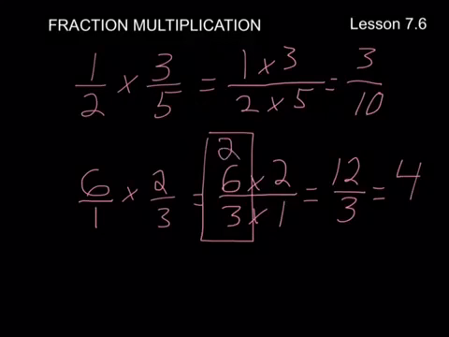Therefore, we can cross out the 6, and we can cross out the 3, and replace it with 2 over 1. 3 divides into 6 2 times. 3 divides into 3 1 time. And then we multiply 2 times 2 to equal 4, and 1 times 1 is equal to 1. So we get the same solution of 4.